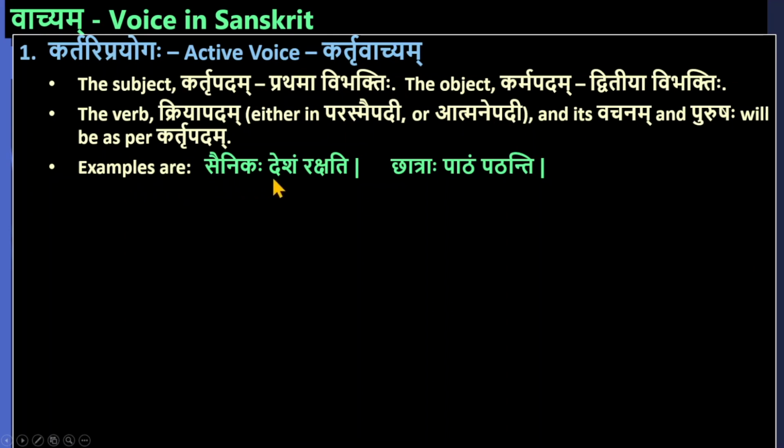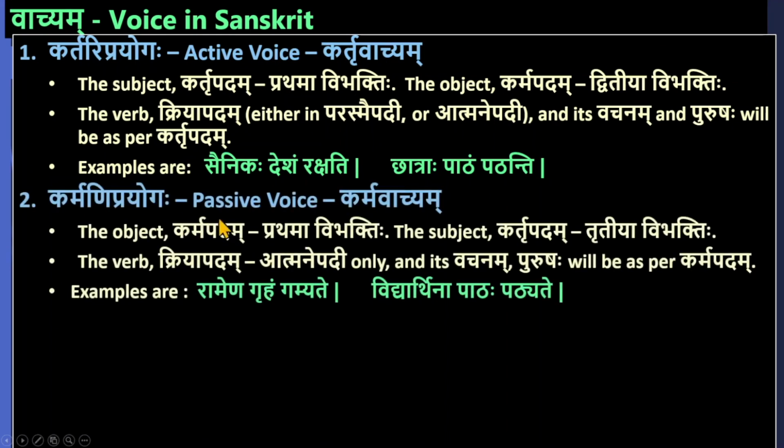Examples are Sainikaha desham rakshati. So sainikaha is in prathama vibhakti, desham is in dvitiya vibhakti, and rakshati is as per sainikaha. It is in prathama purusha ekavachana. Chhatraha patham pathanti is a similar sentence in kartari prayoga.